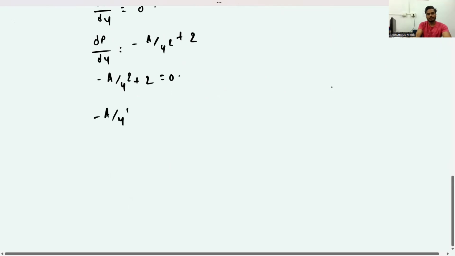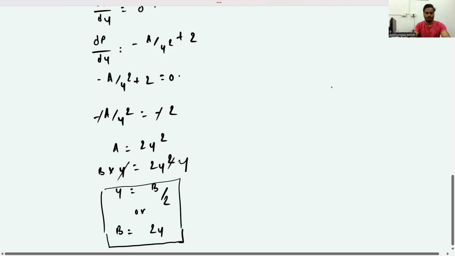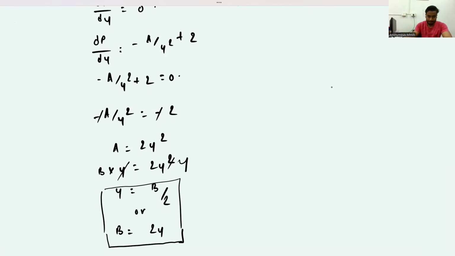So minus A upon y square is equal to minus 2. So I can write A is equal to 2y square, and A is nothing but B into y, so B into y is equal to 2y square. So y is equal to B upon 2, or I can write B is equal to 2y. This is one of the conditions for rectangular section to be most efficient.